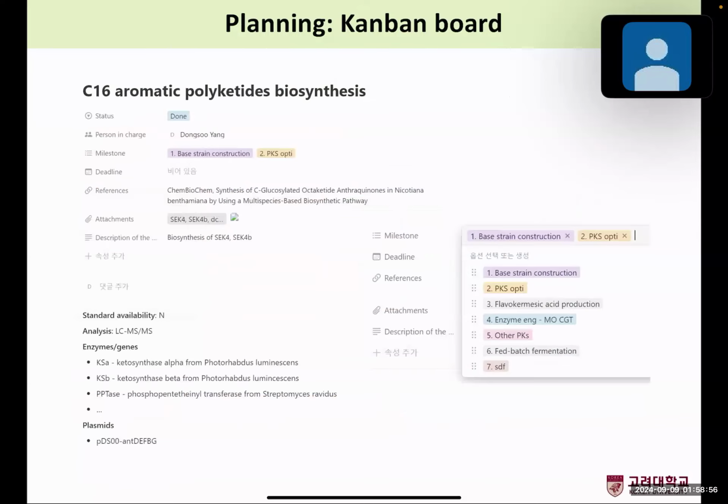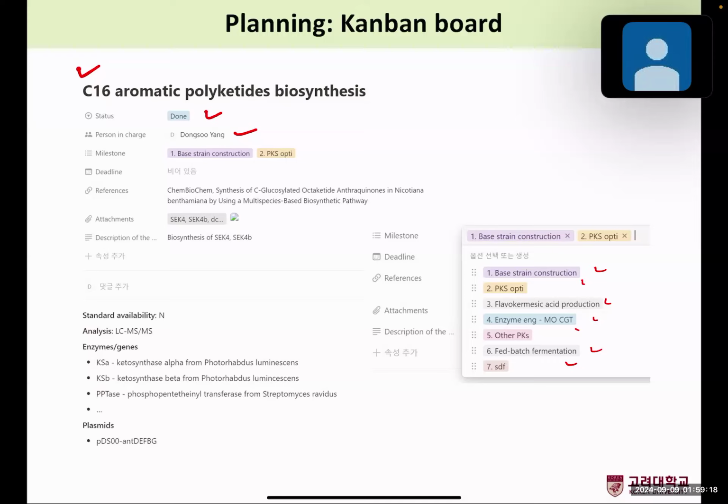So this is, for example, when you click one task, and then you can also input some information here. So you can click the status, you can designate the people in charge if you're co-working with other people. And then you can also set up some milestones, right? So these are the milestones that when you complete them, then you will finish the project.